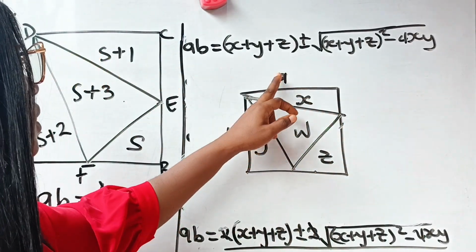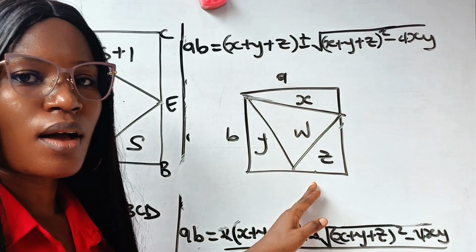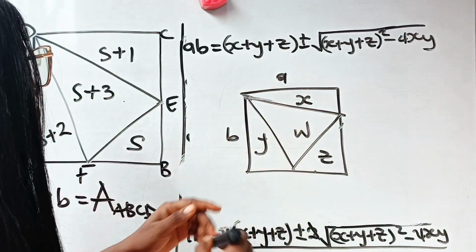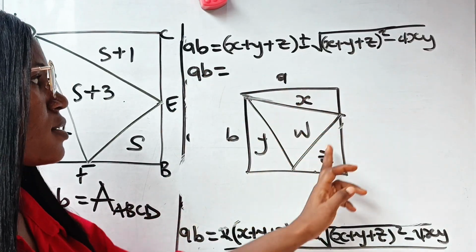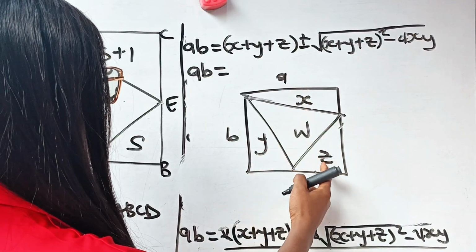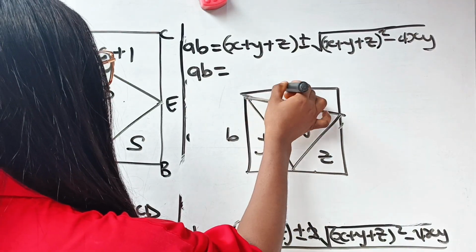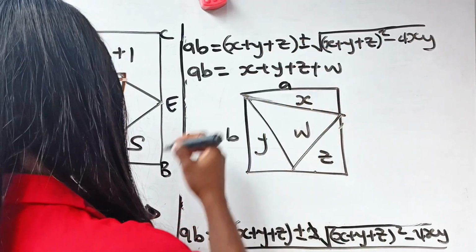So this ab happens to be the area of this particular diagram. But remember that ab is also equal to the sum of all the areas in this place, which is the same thing as X plus Y plus Z plus W.